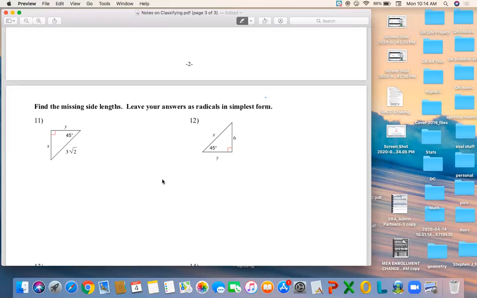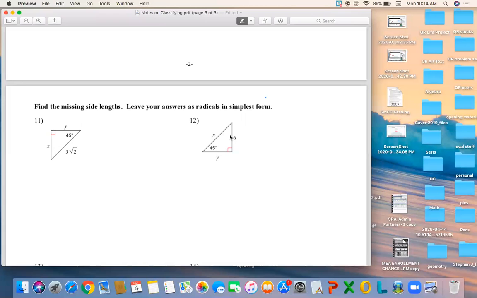These are what we call special right triangles. In this 45, 45, 90, these 2 angles are 45, these 2 angles are 45, means these 2 sides are the same length. So the easiest one to do over here is to say if this is 6, then this is 6. Now we could do this 6, 6 and do the Pythagorean theorem and find the hypotenuse.